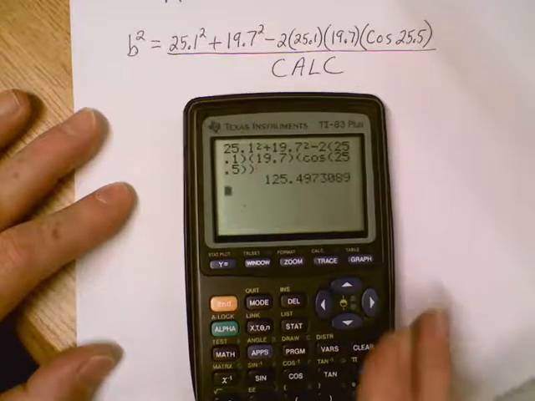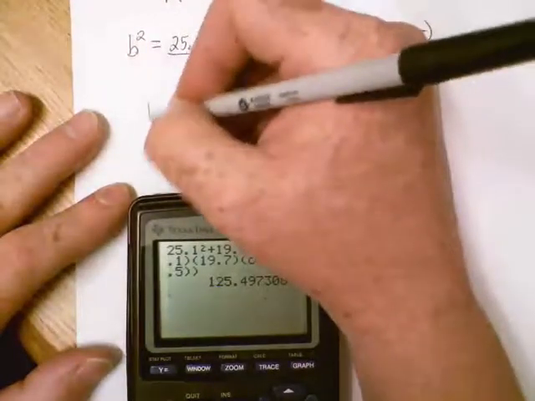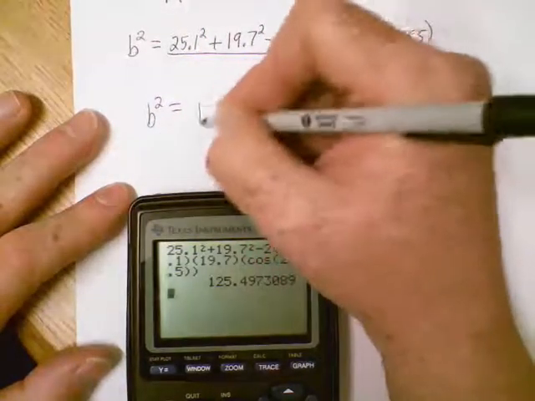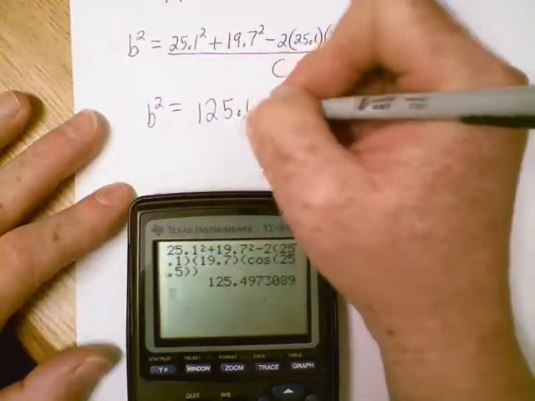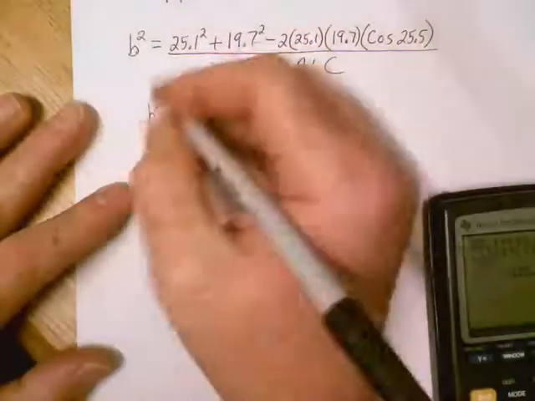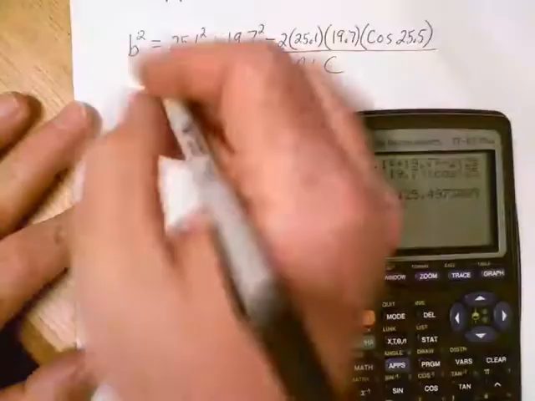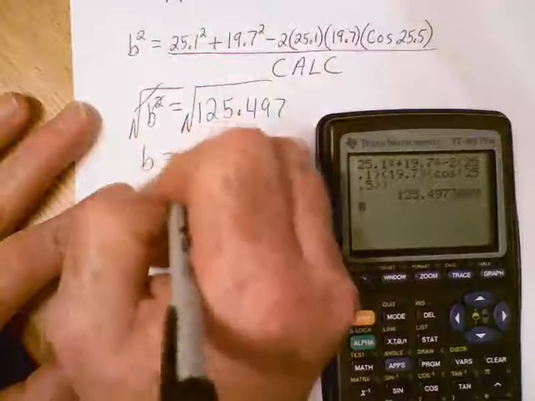Hit equals, and it comes out to be 125.497. So b squared equals 125.497. Then your last step is you have to take the square root of both sides. These are going to cancel out, leaving you with just b.